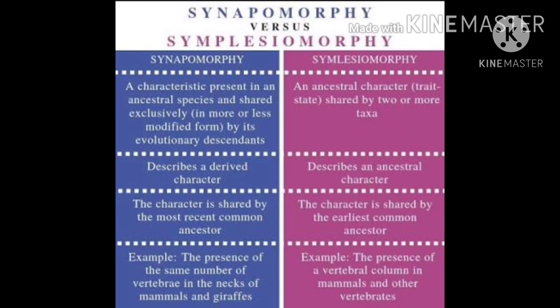In synapomorphy, the character is shared by the most recent common ancestor, but in symplesiomorphy, the character is shared by the earliest common ancestor. An example for synapomorphy is the presence of the same number of vertebrae in the necks of mammals and giraffes. And the example for symplesiomorphy is the presence of a vertebral column in mammals and other vertebrates.